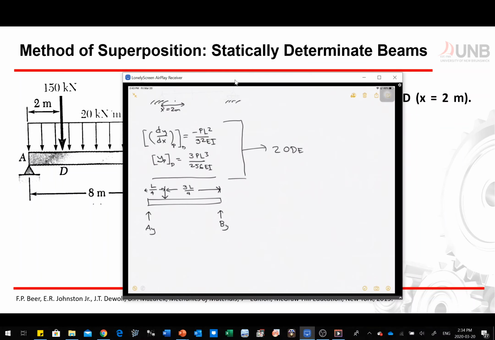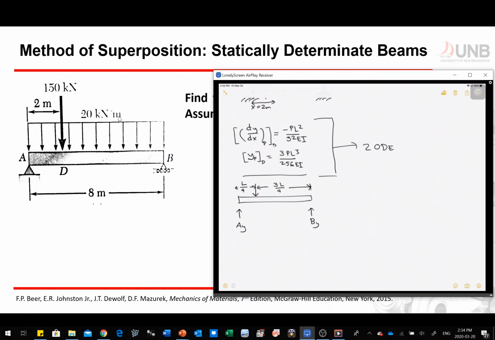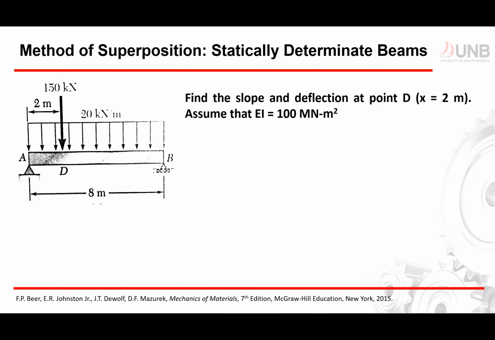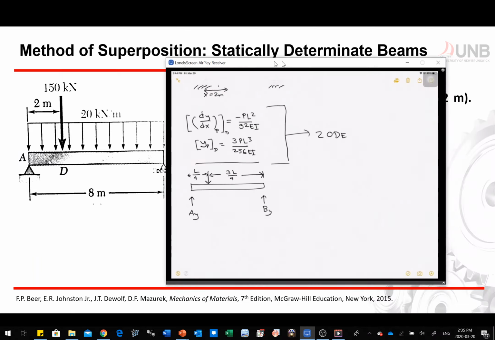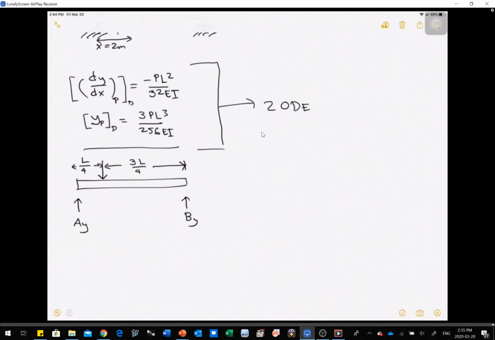Now 3/4 L, that's from this point, that's 6 over 8, that's 3/4 L, and we can assume our L is equal to 8. We are putting L values right here so that we can apply this formula at any length L. In this case it's 8, but let's use L, so that this could be used for different lengths of our beam.